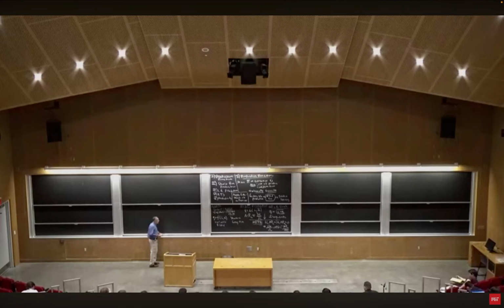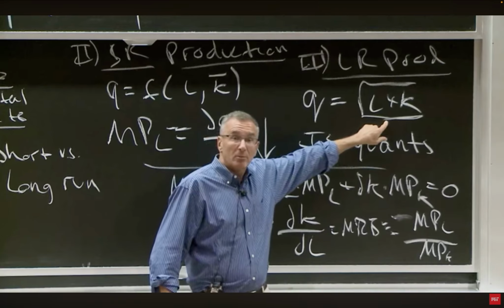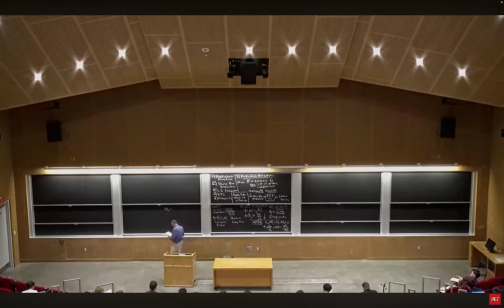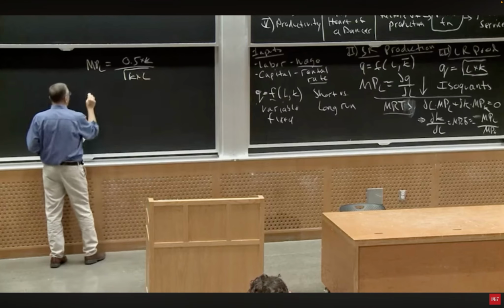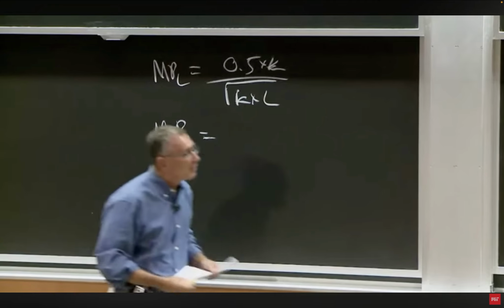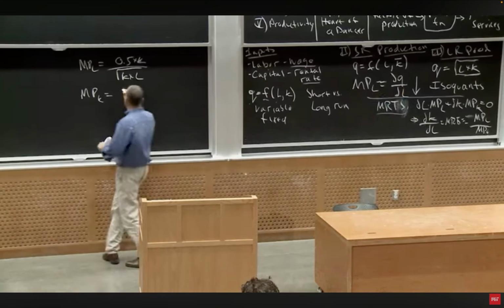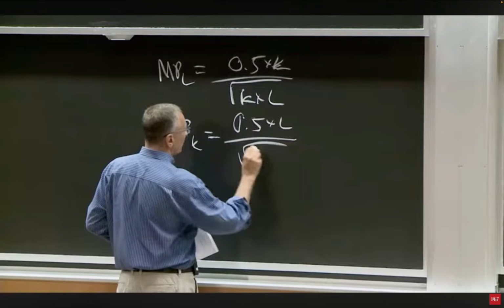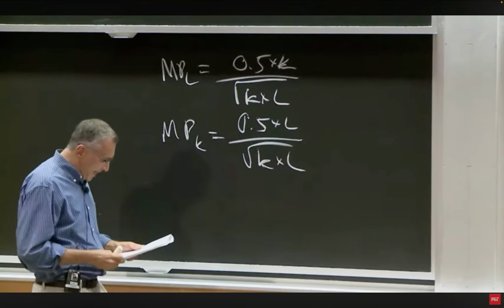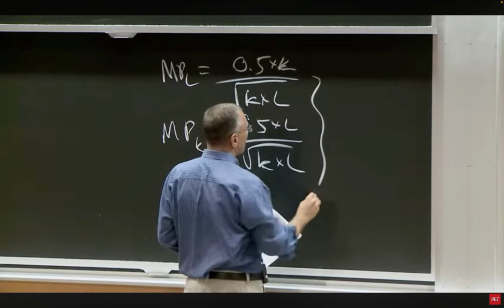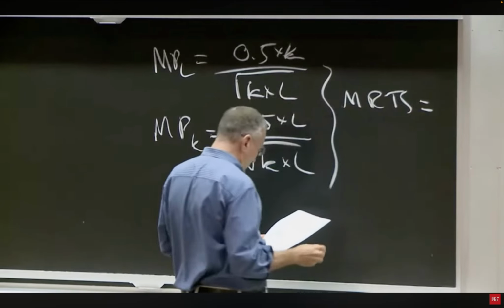The marginal product of labor is the derivative of this production function with respect to L. You get 0.5 times K over the square root of K times L. The marginal product of capital is the derivative with respect to K. You get 0.5 times L over the square root of K times L. So the marginal rate of technical substitution is the opposite of the ratio of these two, which equals minus K over L.